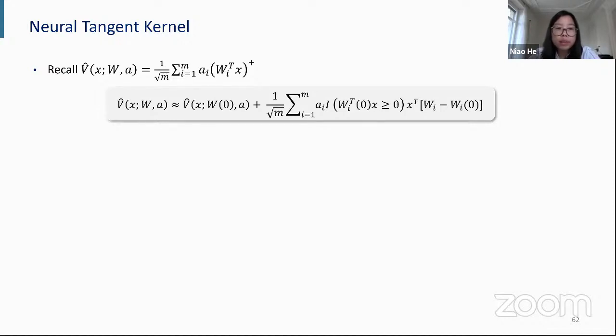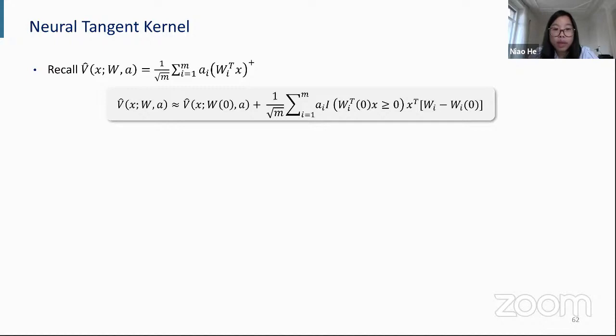You can rewrite it as approximately equal to the expansion around your initial weight W0. So this is your function value at W0, and then you can compute the gradient. Because this is the maximum between 0 and this linear function, the gradient will be the indicator function.